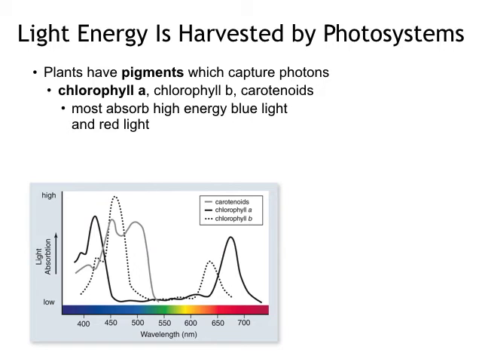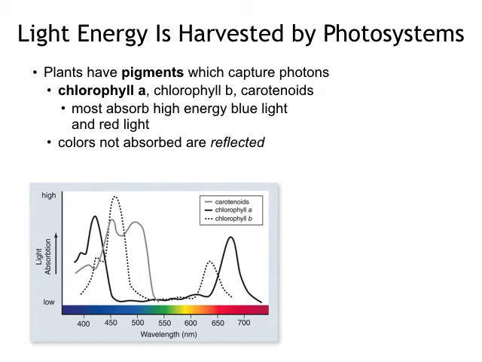So you'll see there in the diagram the visible light spectrum and 3 different pigments, the 3 that we mentioned. And you can see that most of them capture energy in the violet blue end of the spectrum. And then some of them also catch a little bit of the red spectrum of light.